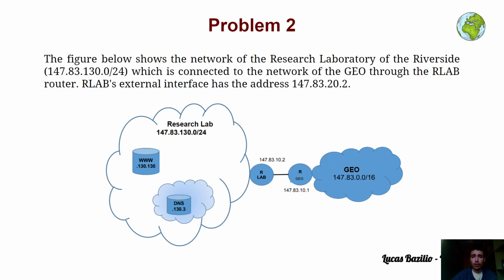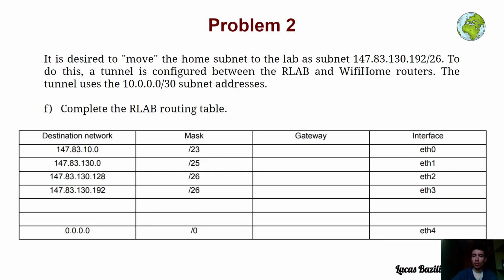So since we are going to connect the Wi-Fi home routers with the router lab using tunneling, the entry for this subnet, which is the home subnet, will have a gateway, and this gateway is going to be the tunnel.